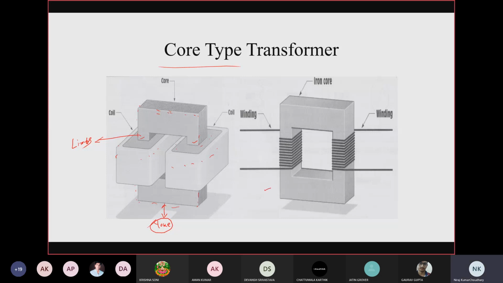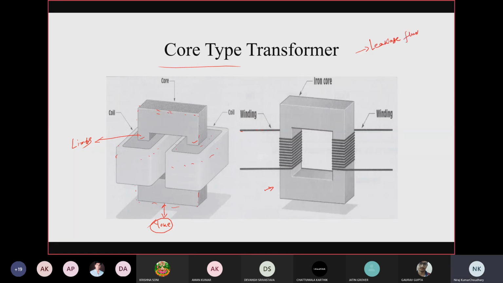This is the second representation of the core type transformer. Till now we have used this symbol only, where we have used the two separate windings on the two vertical limbs of the transformer, right? हाँ, so अब देखो इसमें होता क्या है कि in the core type transformer एक कंसेप्ट हम लोगों ने पढ़ा था मैग्नेटिक सर्किट में, लीकेज फ्लक्स का.